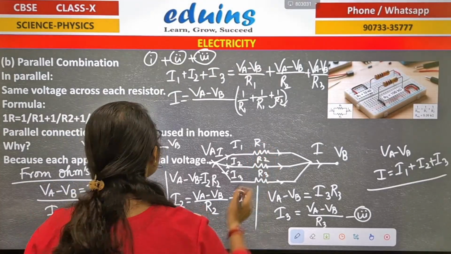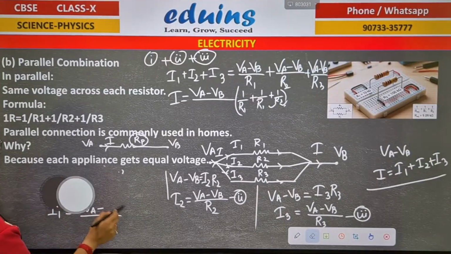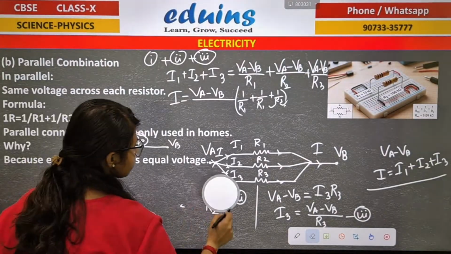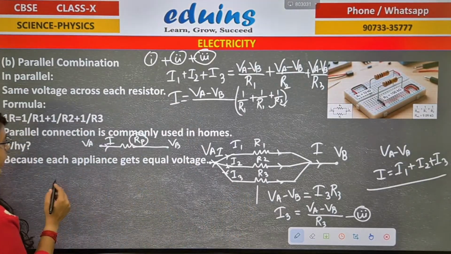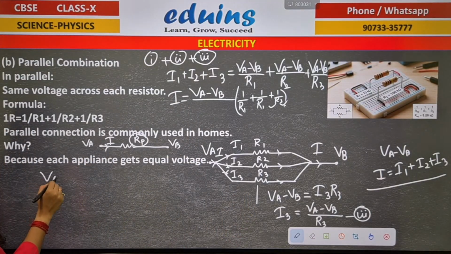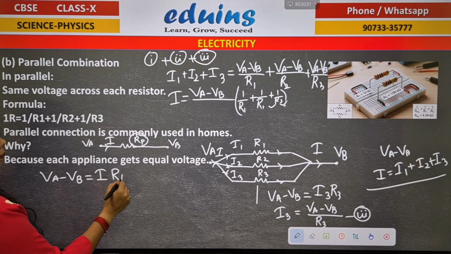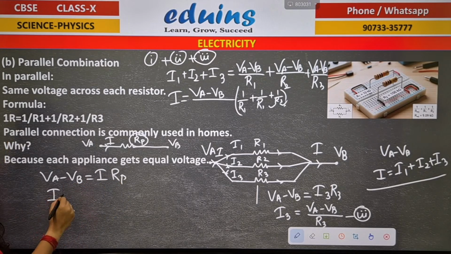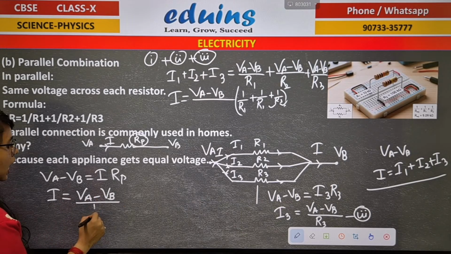Now for this circuit, from Ohm's law we can get VA minus VB is equal to I RP. So I is equal to VA minus VB by RP.